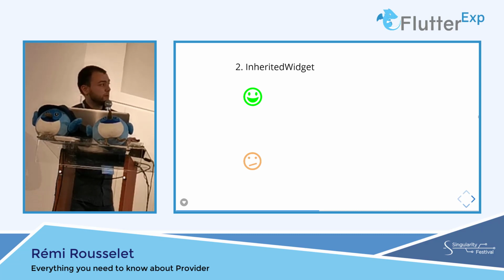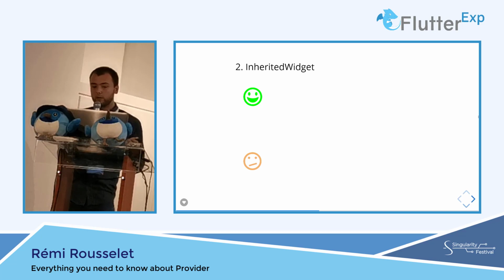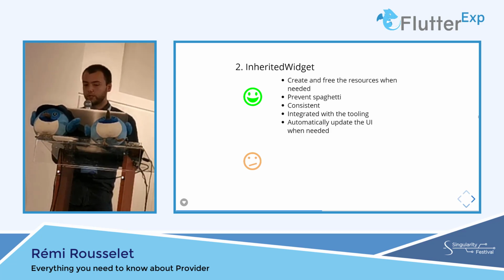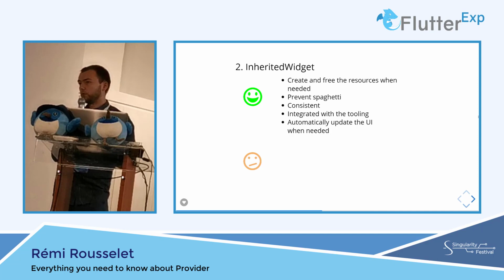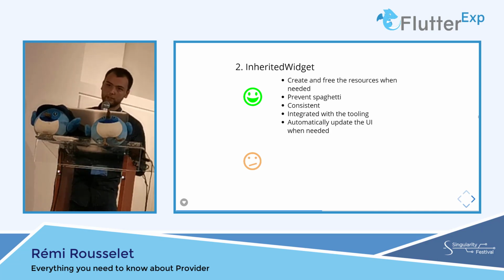So, inherited widgets come with many benefits. Like I said earlier, they allow you to create and release resources only when you need them. When you insert your inherited widget in the tree, it will create the resource, and when you remove it from the tree, it will dispose of the resource.